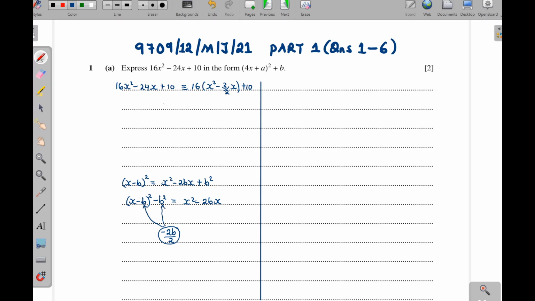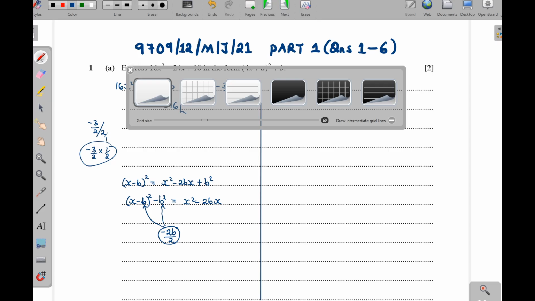So that means when I come to this one here, I'm going to do the same. So I'll get the coefficient of x here, which is negative 3 over 2. Then you divide it by 2. This one is 2 over 1. So this is the same as saying negative 3 over 2 times the reciprocal of the denominator. So this one becomes negative 3 over 4, right?